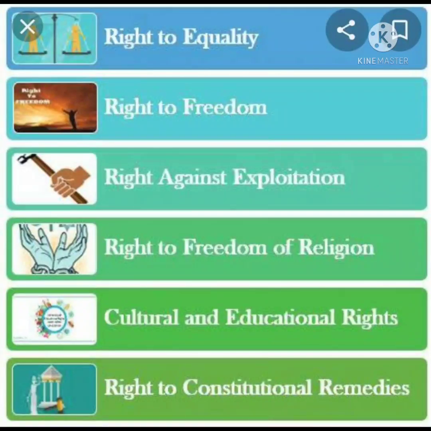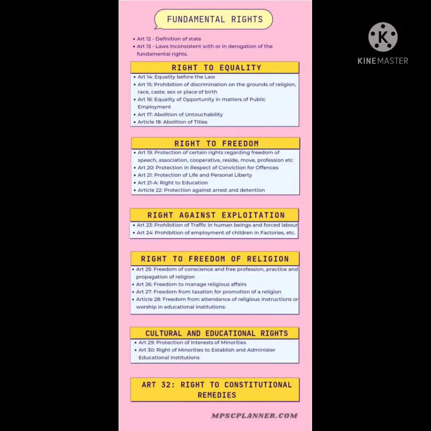This right includes freedom of conscience and free profession, practice and propagation of religion, freedom to manage religious affairs, freedom from paying taxes for the promotion of any particular religion, and freedom to attend religious instruction or worship in certain educational institutions.